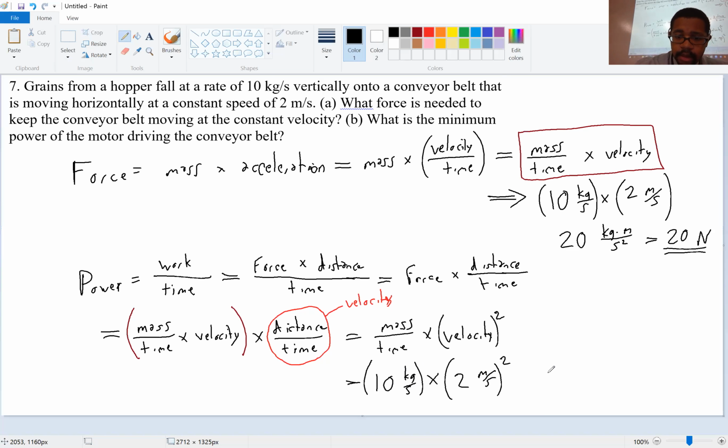And I squared that. So just looking at the numbers, you got 10 times 4, which equals 40. And that's what it gives you.